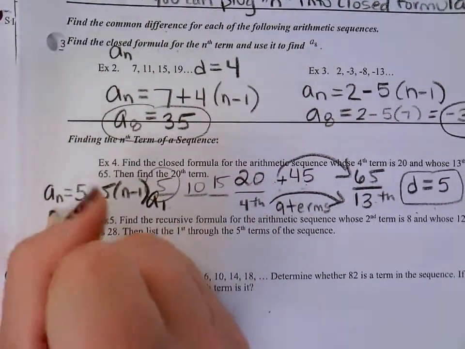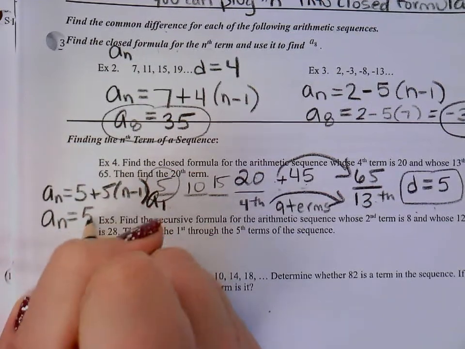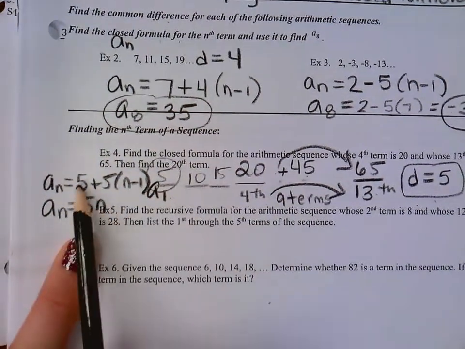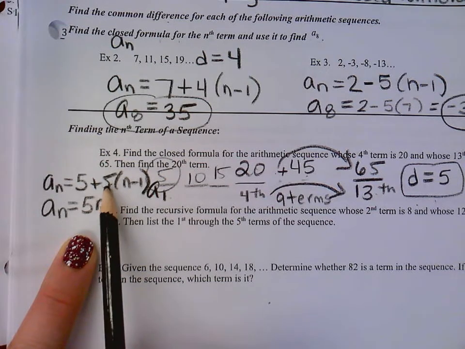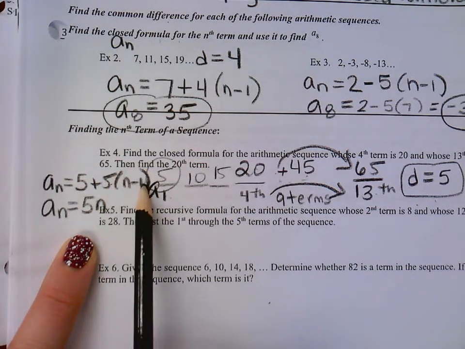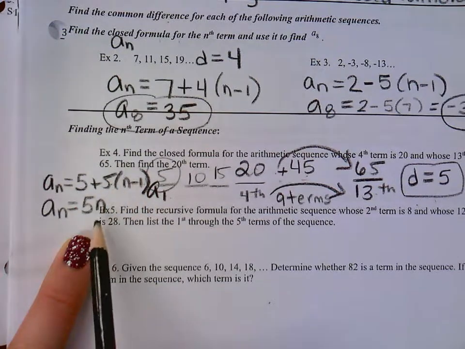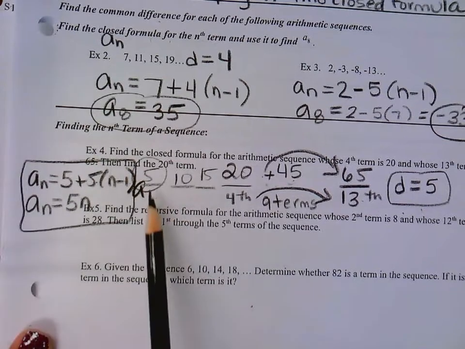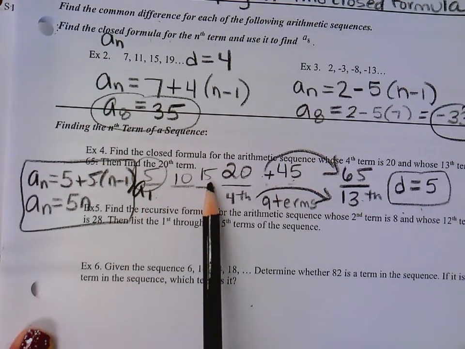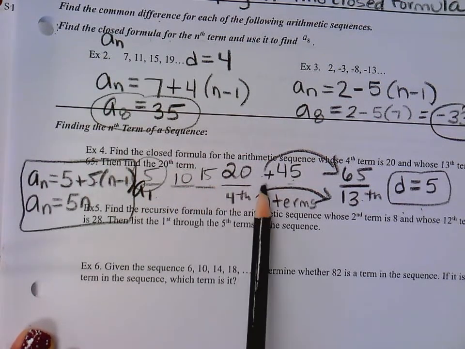That's the same as just saying 5n. Because if your starting term and your difference are the same, see how this would just give me 5n minus 5 when I distribute. So these are the same equation, and it's just 5 times 1, 5 times 2, 5 times 3, 5 times 4, 5 times 5.